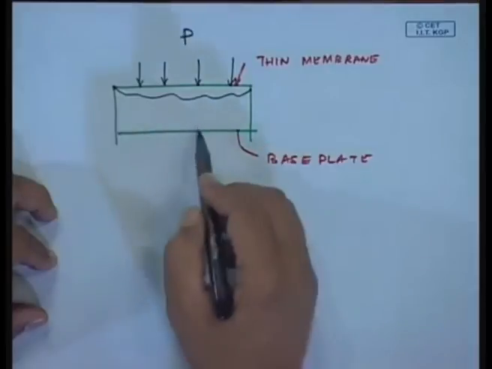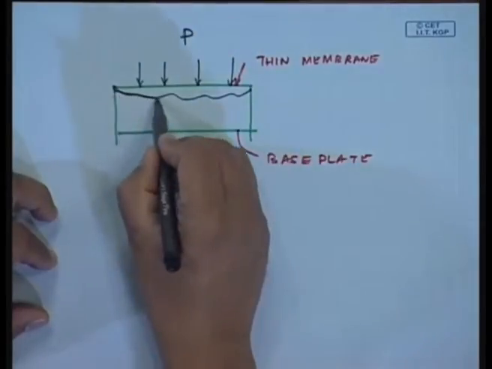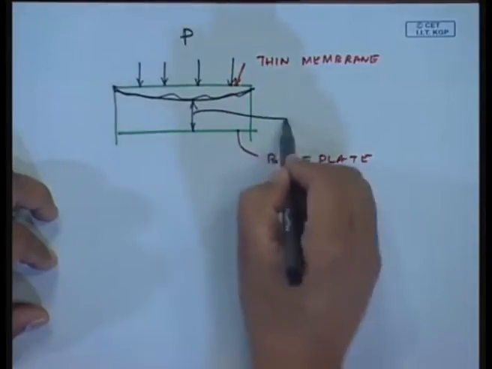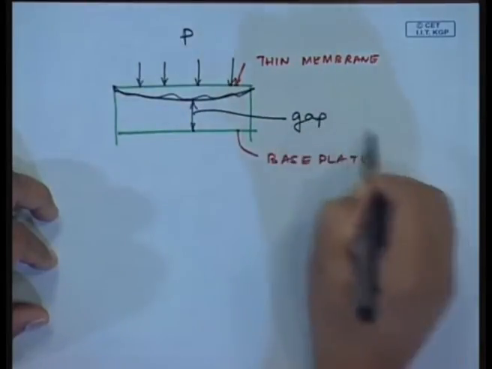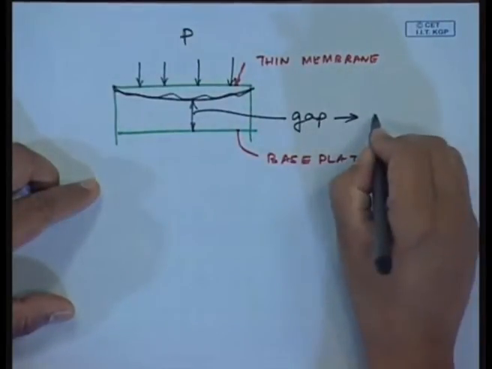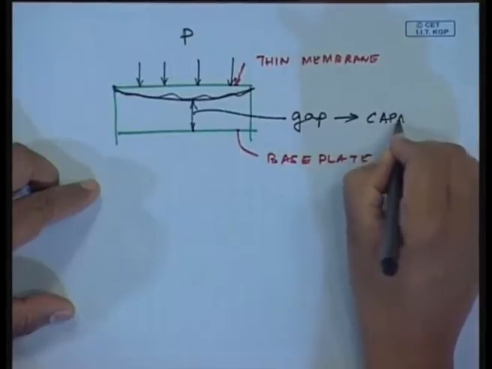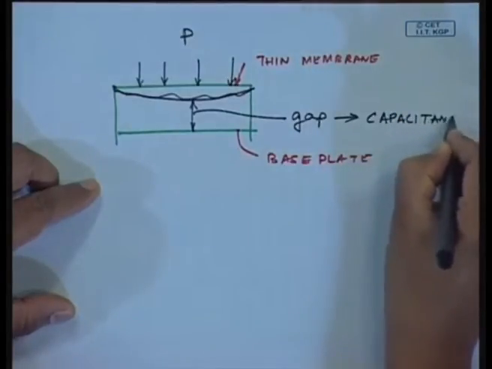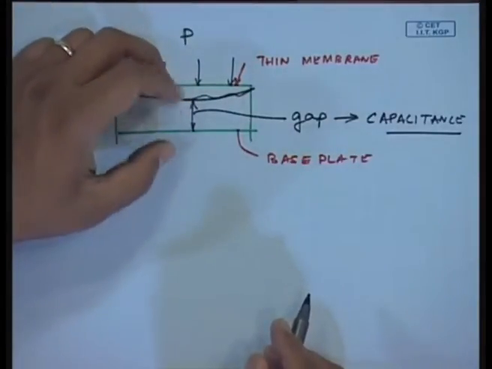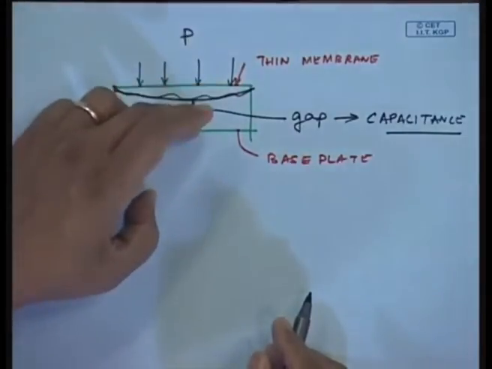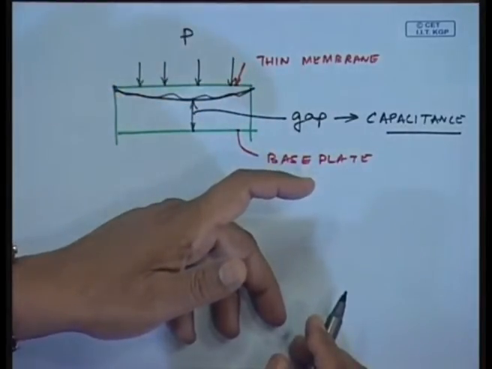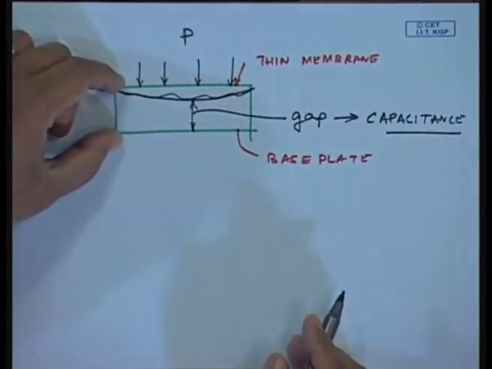Okay. So, what is going to happen? This gap is going to change. Because this gap has changed, its capacitance has changed. So, by sensing the change in the capacitance, because the capacitance has changed, the charge produced will be changed, okay, and because they are maintained at a particular voltage.